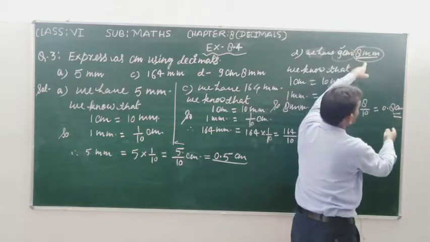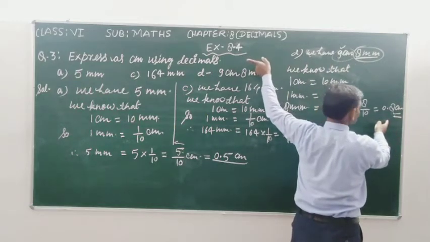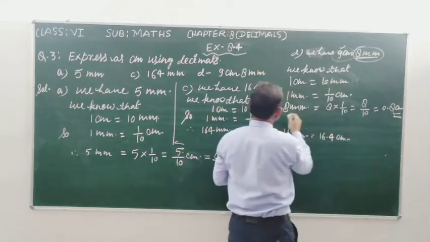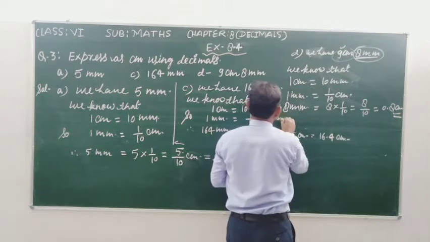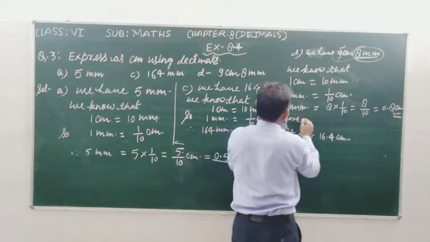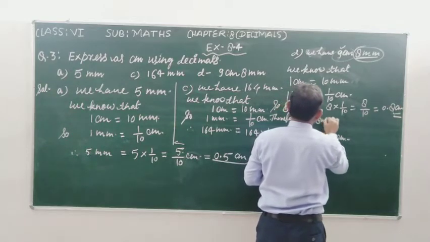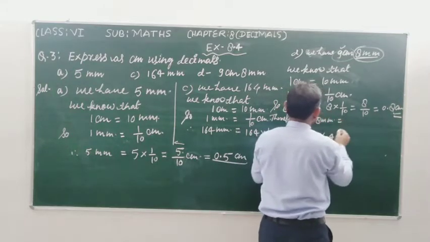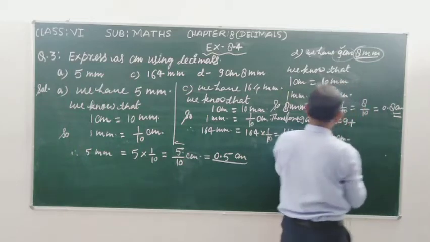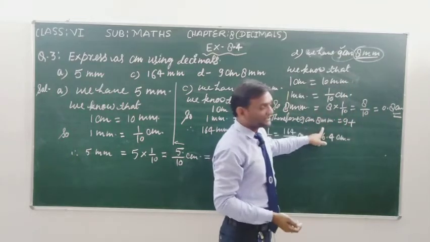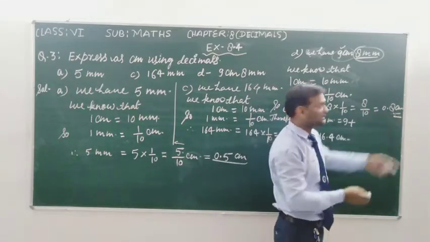It means all values have changed in the centimeter, so therefore 9 centimeter 8 millimeter is equal to 9 plus, in the place of 8 millimeter we can write 0.8 centimeter.